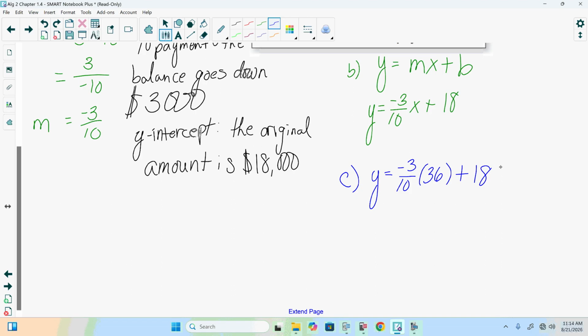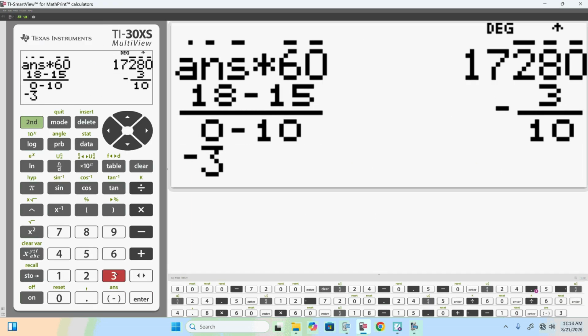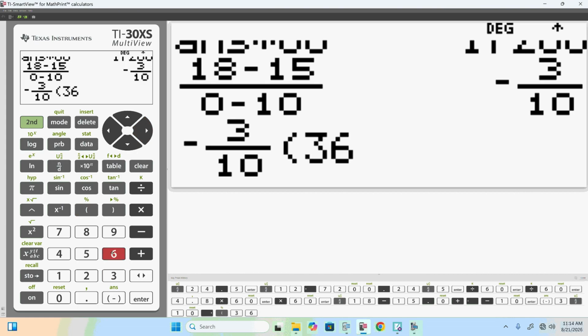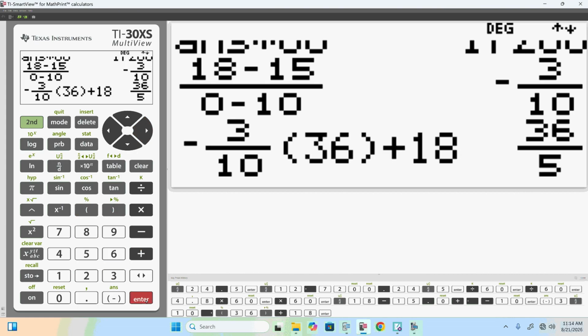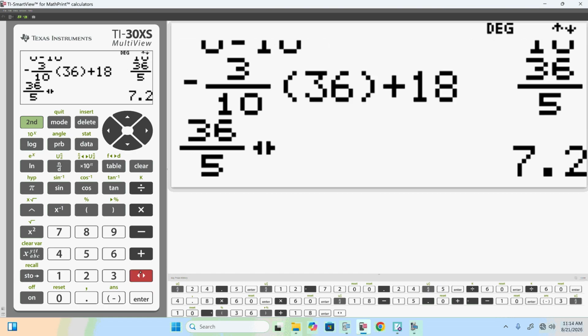Now, we can go through our order of operations, work it out, yes? Looking at the left side of this here, Y is by itself, isn't it? Looking at the right side, is there a single variable on that side of the equation? No, we have -3/10 times 36 plus 18. That's straight numbers, yes? It's all numbers.